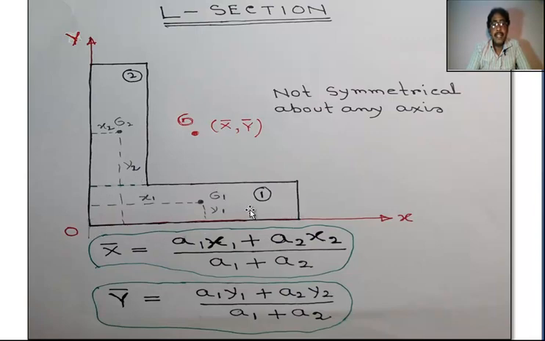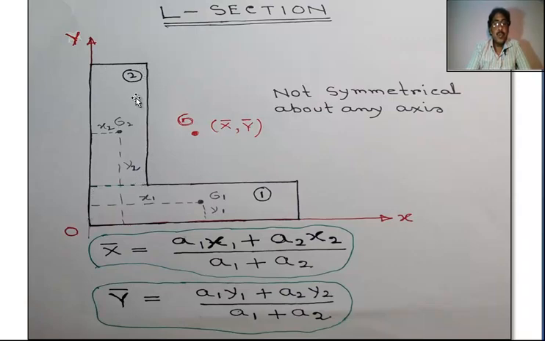Number 1 area is A1, G1 is the centroid, distance from y-axis is x1, distance from x-axis is y1.